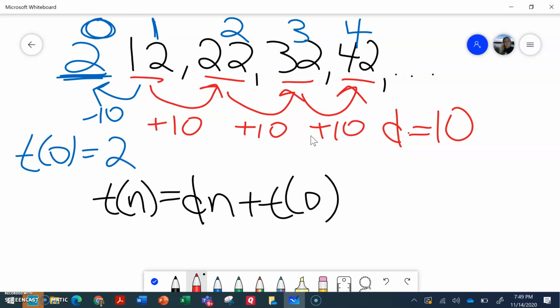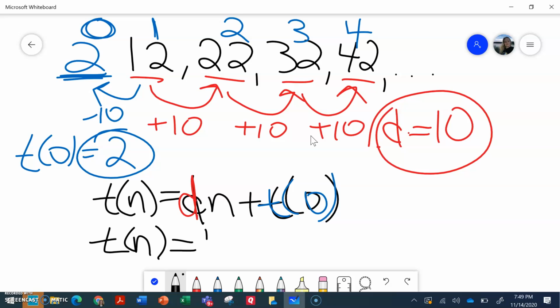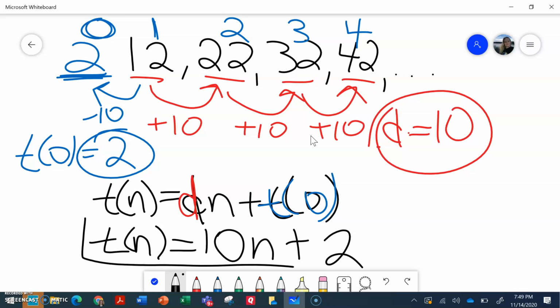Because we know that D right here is 10, and we know that t sub 0 right here is 2. So let's substitute those values in and get our explicit equation. T of n is equal to 10n plus 2. And there it is.